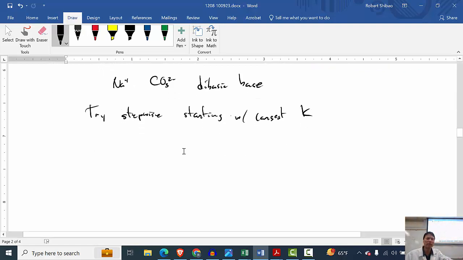So the largest K is probably going to be for carbonate. That's going to be the most basic species present. Sodium ions are neutral. Water is not all that basic. So we would predict carbonate.